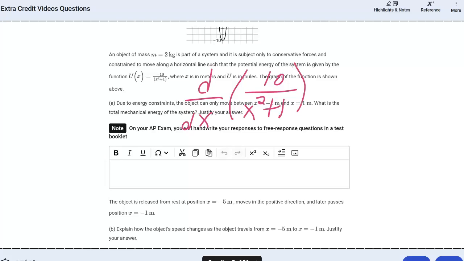So I did this before, so I'm not going to show all the steps, but you're going to use quotient rule, and you take the derivative, so 0 minus 20x over x squared plus 1.